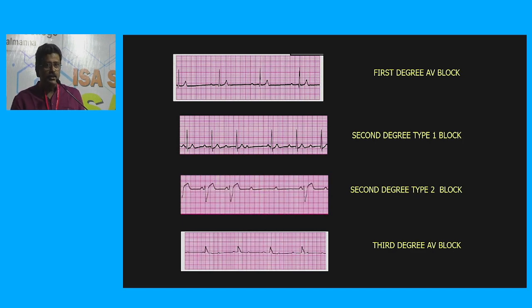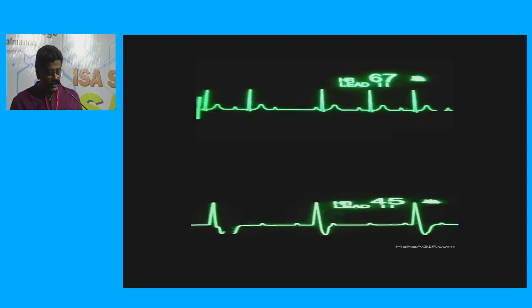And the last one is the complete heart block, where there is no relationship between P and QRS. You can identify it by looking at all the P's, which are regular, and all the QRS, which are also regular, but they don't have any relationship. So that is third degree.